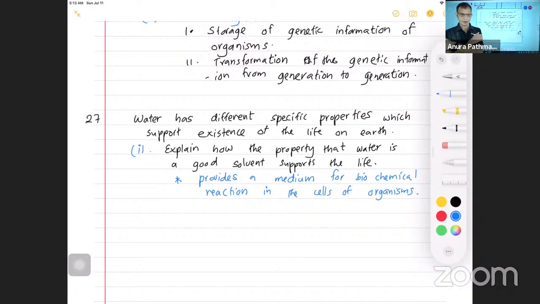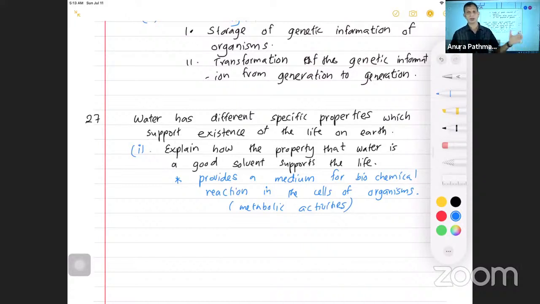We call these metabolic activities. You know that metabolism is the sum of anabolism and catabolism.